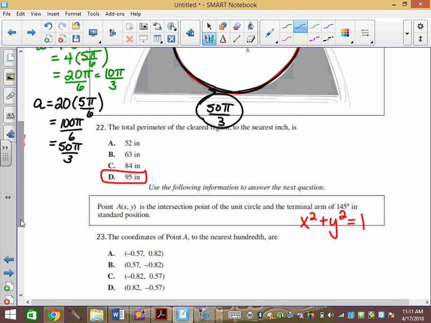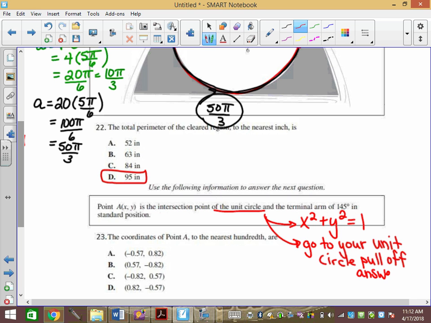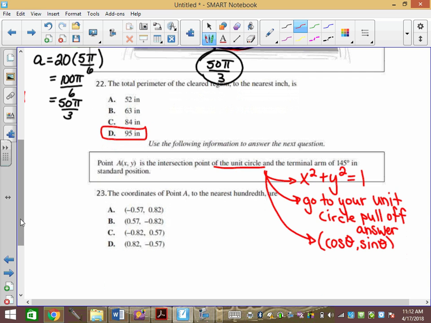It could mean go to your unit circle and pull off the answer. Or it could mean the coordinate is cos theta, sine theta. And in this case, it means the third one. The coordinate is cos theta, sine theta.